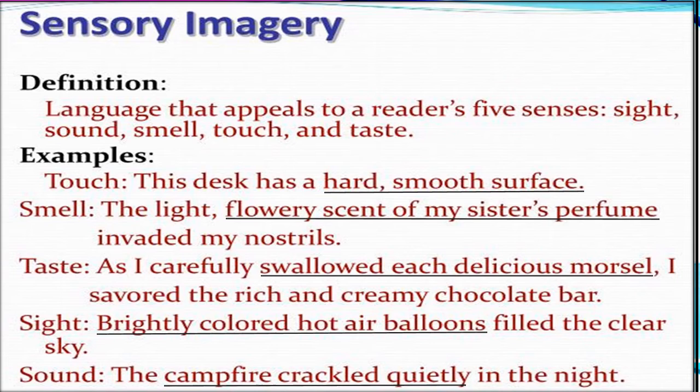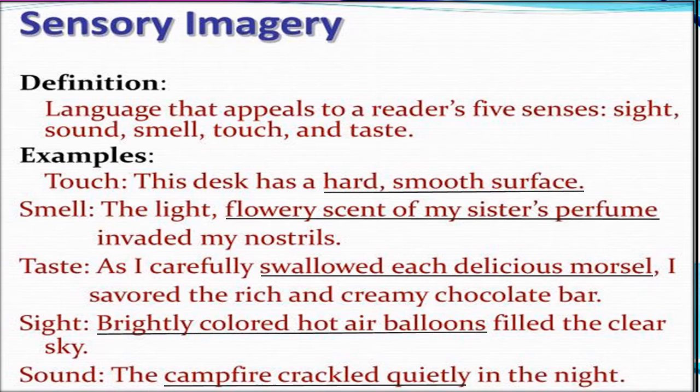In definition, it is language that appeals to our readers' 5 senses, which are sight, sound, smell, touch, and taste. For example, this desk has a hard, smooth surface. The underlined words, hard, smooth surface, are used for us to identify that the sensory imagery being used is touch.